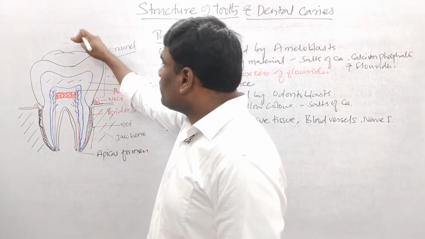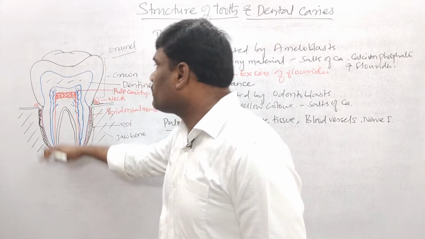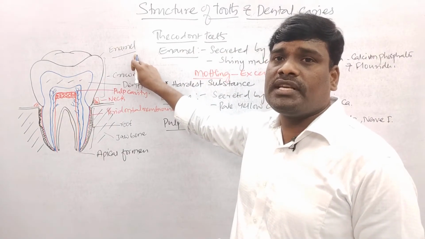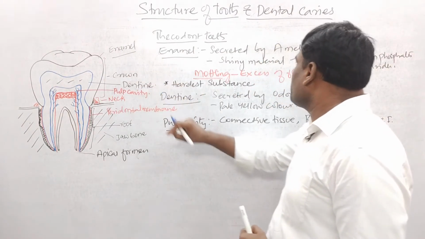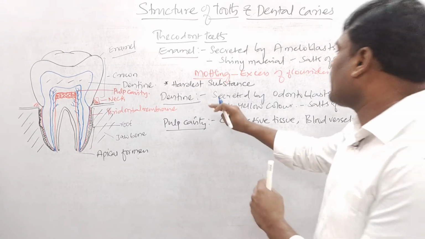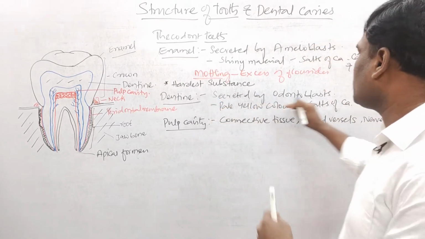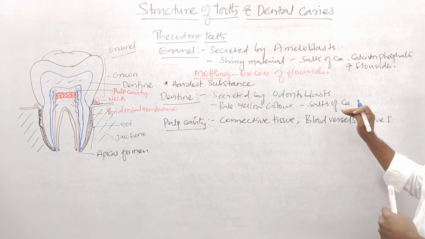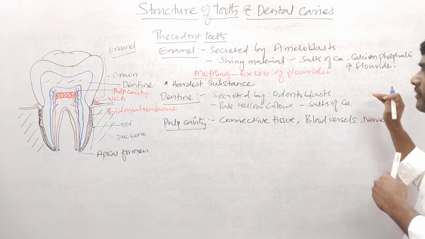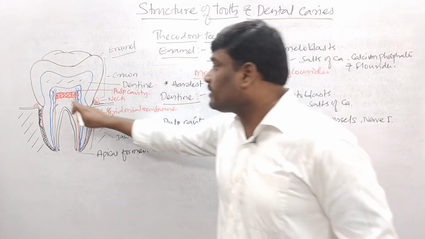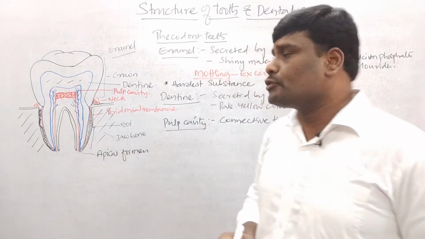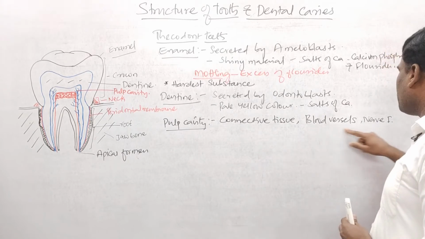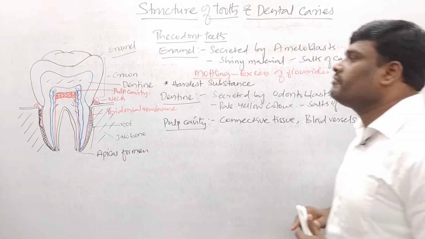So if we see the structure of the tooth, children, there are three parts. First is enamel. It is the hardest substance, secreted by ameloblasts. And dentine, children, is secreted by the odontoblasts. It is pale yellow in color and consists of salts of calcium. And the third one is the pulp cavity, a connective tissue which contains blood vessels as well as nerve fibers.